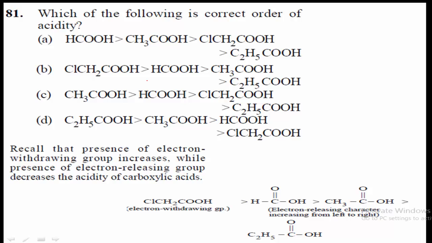So here it can be represented as, in case of chloroacetic acid, that is ClCH2COOH, Cl is there, which is an electron withdrawing group, and then it is greater than formic acid, and it is greater than the next, and it is greater than ethanoic acid, propanoic acid. Hence option B is the right one.